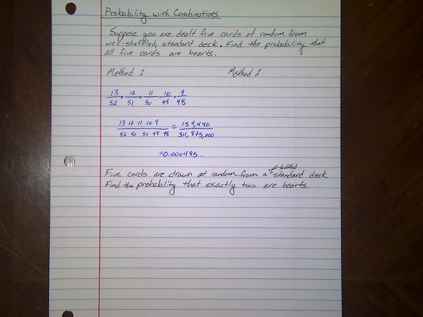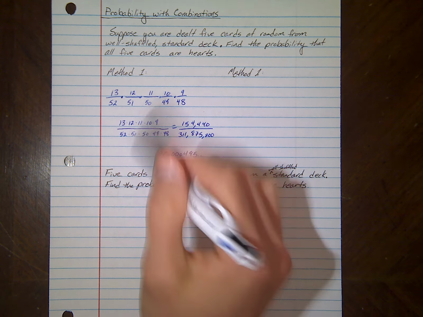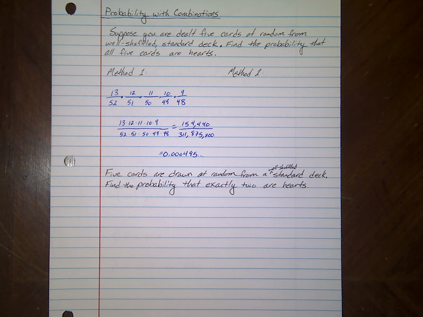What I'm going to show you today is a shorter method. There's nothing wrong with this method, but the problem is you get really big numbers really quickly, and sometimes your calculators can't even compute those if the problem's big enough.